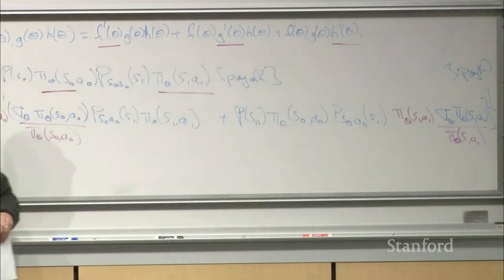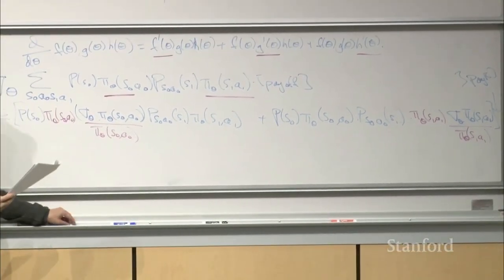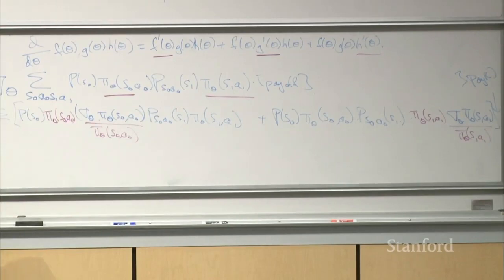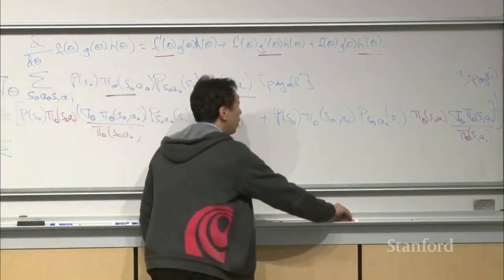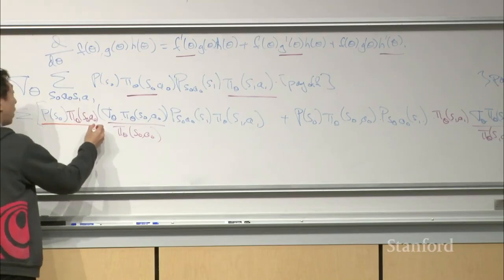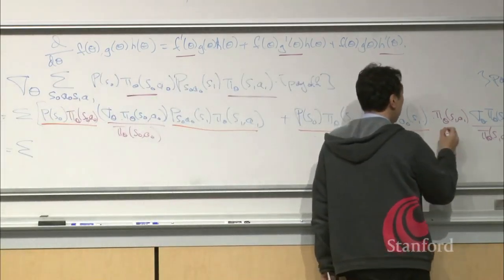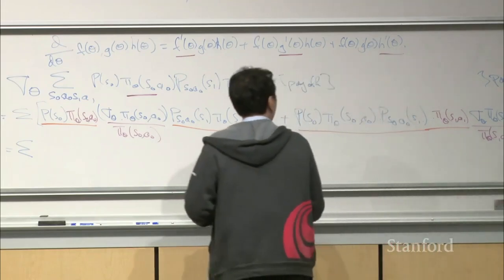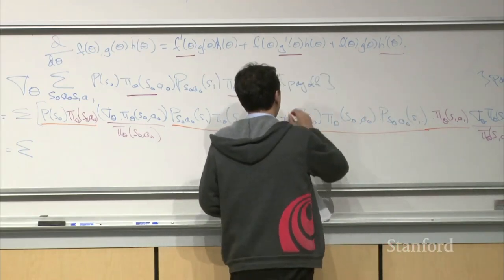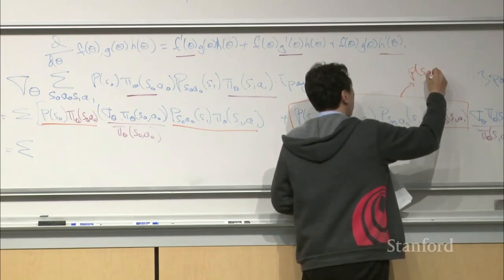So lots of multiply and divide by the same thing. And then finally, the final step is I'm going to factor out these terms I'm underlining, because this term that I underlined is just the probability of the whole state sequence.